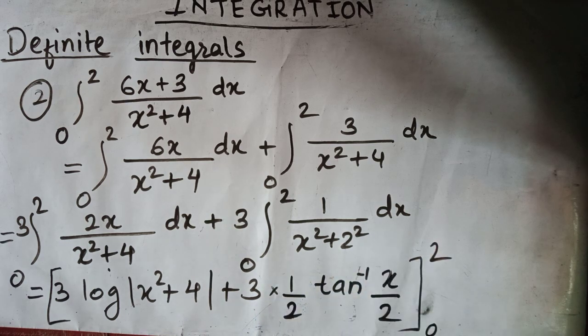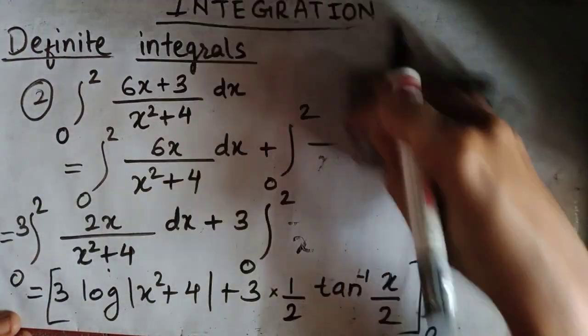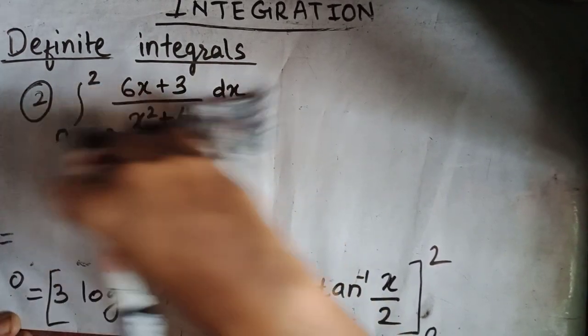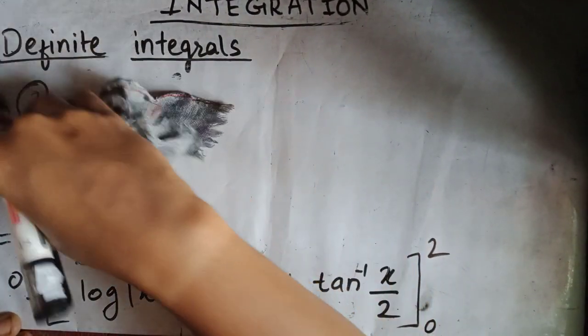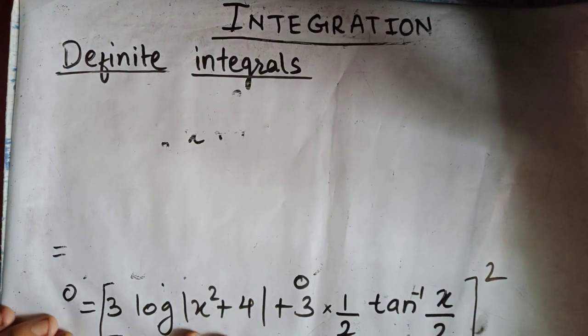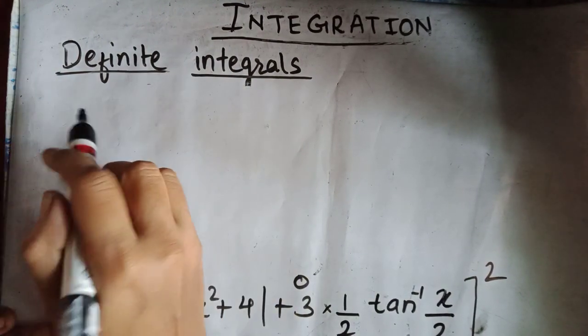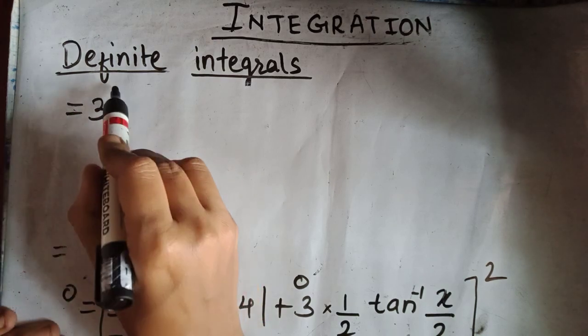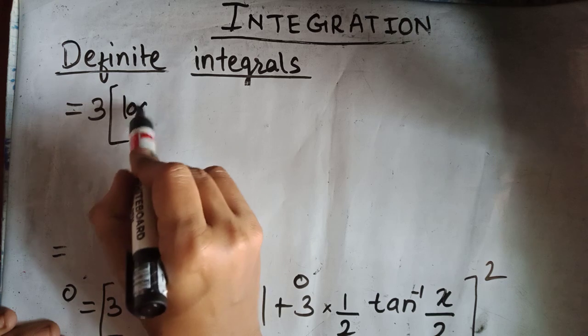Now substitute these limits and see what you get. First I will take this function. 3 I can take outside, so this will be log.